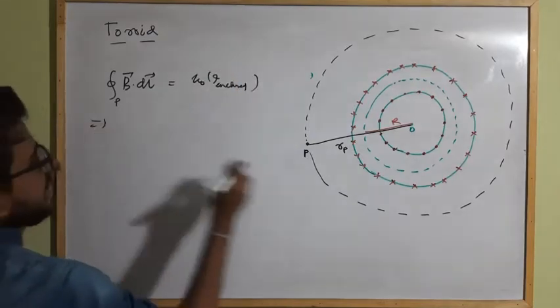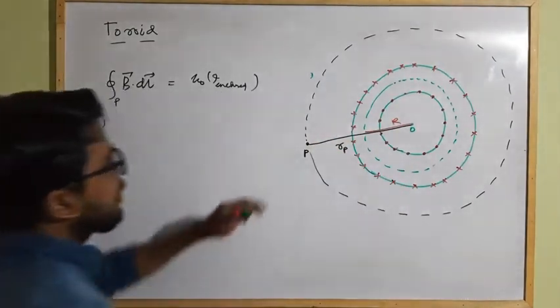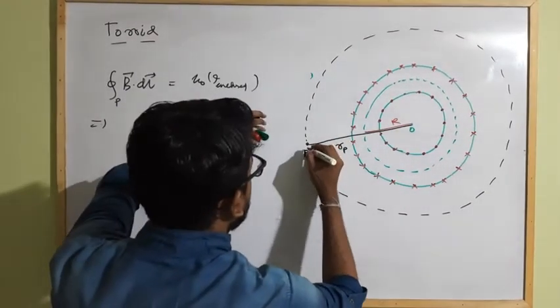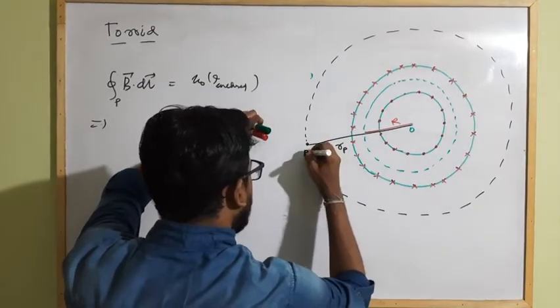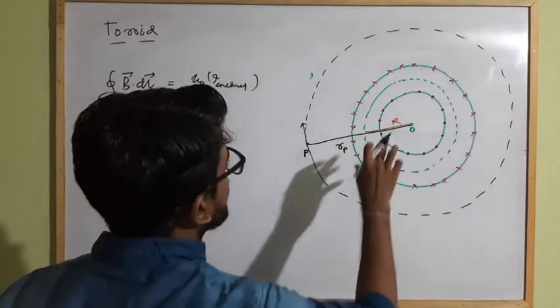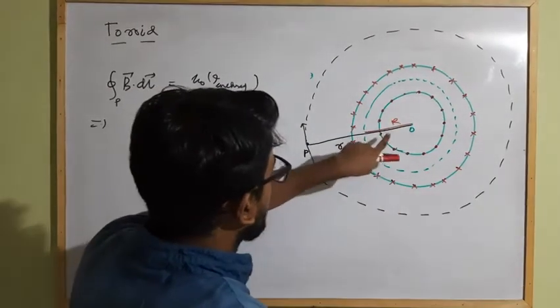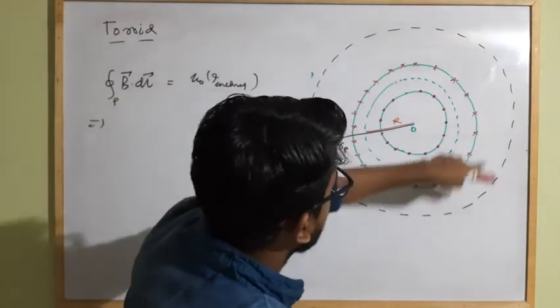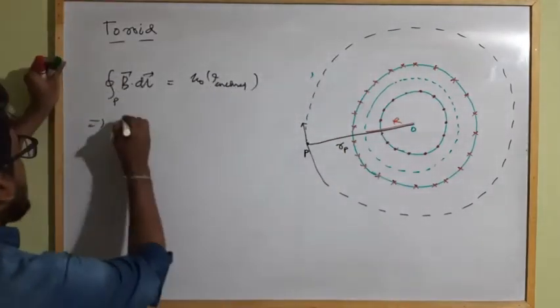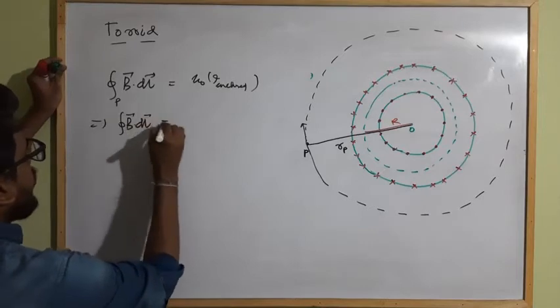This implies that at each point it is B dot dl. Here if I am considering the direction of dl like this, tangent to this, the B will also be along it due to the current carrying conductors, and these are two current carrying conductors enclosed by this Amperean loop. So B dot dl vector will be how much?